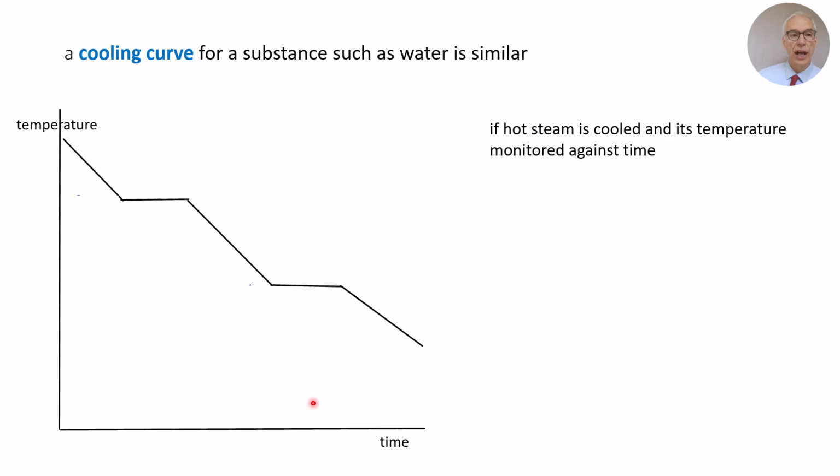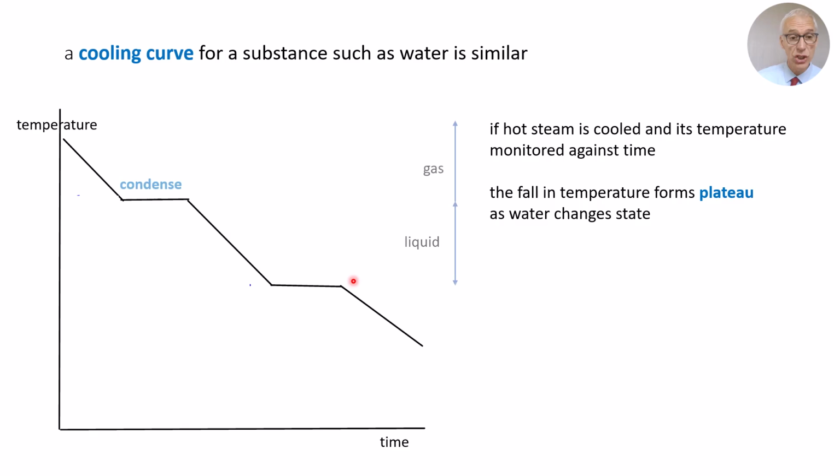Let's look at a cooling curve. So the temperature is dropping with time. Let's stick with water. So hot steam is cooled and its temperature monitored over time. We find that the plot of temperature change against time provides us with two plateaux, which is where we locate the state changes.